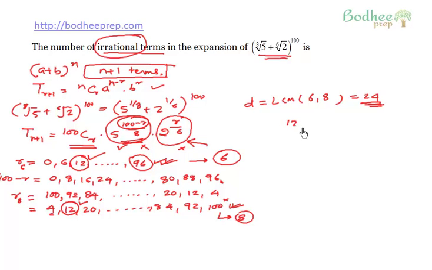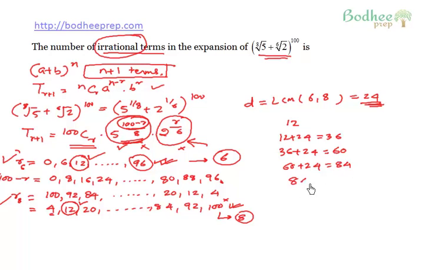It's very easy to identify, we don't have to apply a formula. The first term will be 12, the next term will be 12 plus 24, which is 36. Then adding 24 again, we get 60, then 60 plus 24 is 84.